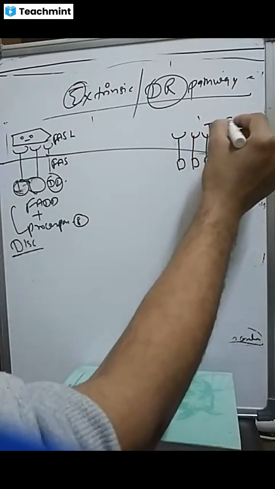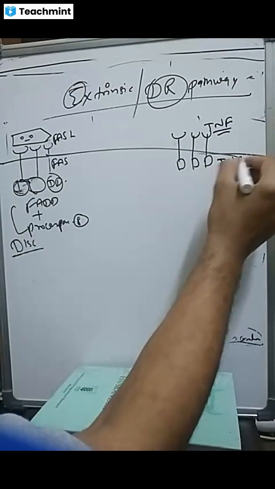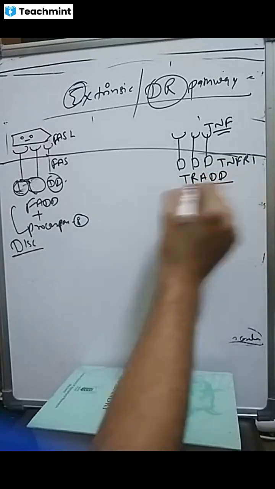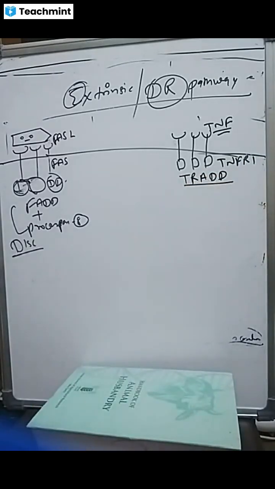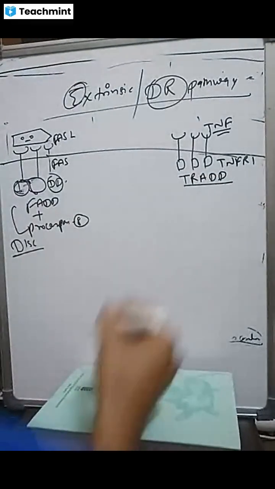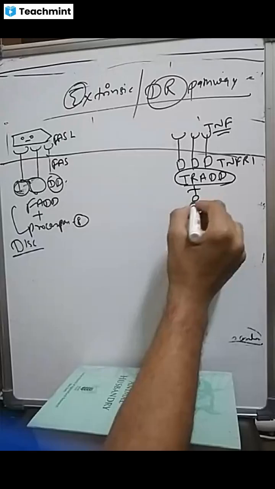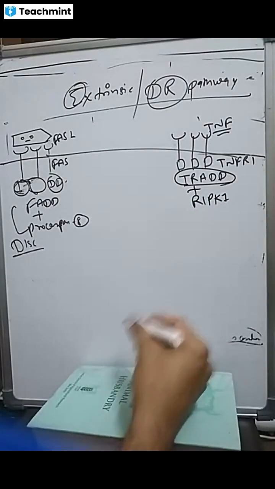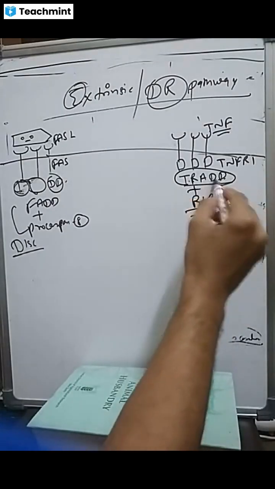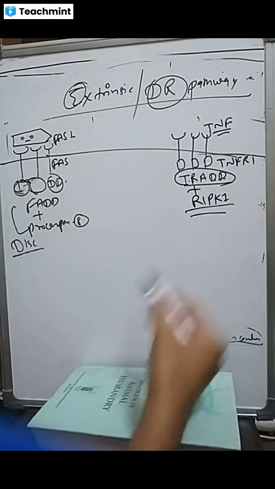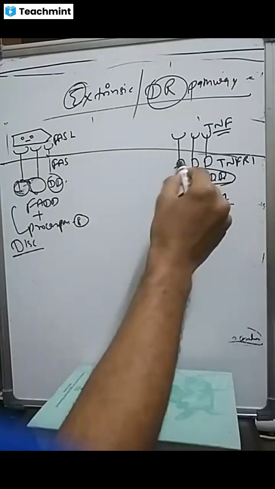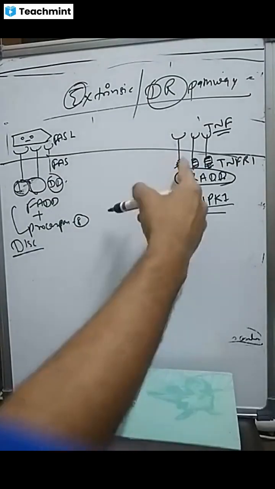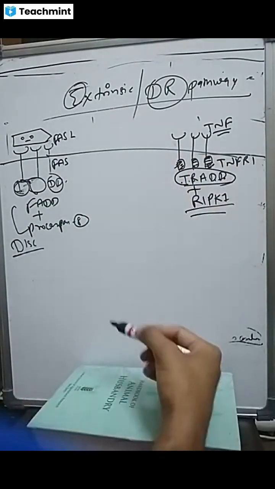The ligand here is TNF and the receptor is TNFR1 and it will form TRADD. This will combine with one protein, RIPK1. So this RIPK1 is associated with this adapter molecule TNF receptor associated death domain. Because these death domains are TNF receptor associated.